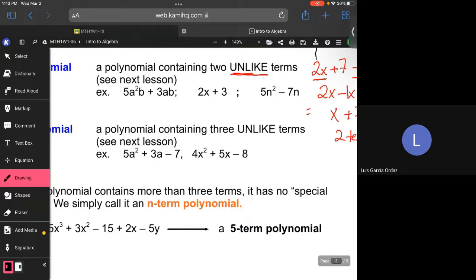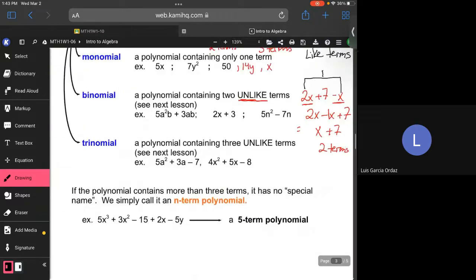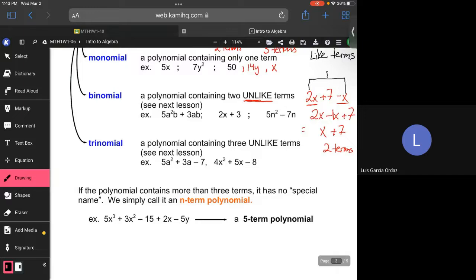And then if we have something that's more than 3, it's just called an n-term polynomial, where n is the number of terms that it has. So for example, we have 5x cubed plus 3x squared minus 15 plus 2x minus 5y. We have to check if they're all different terms, and we can see that they are.